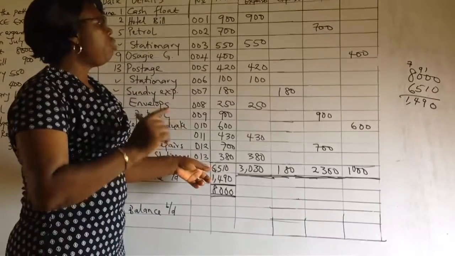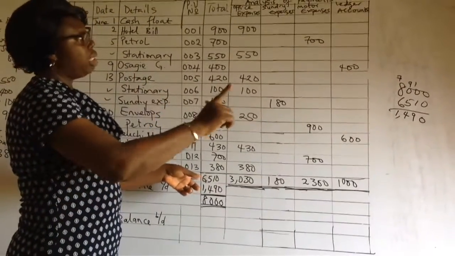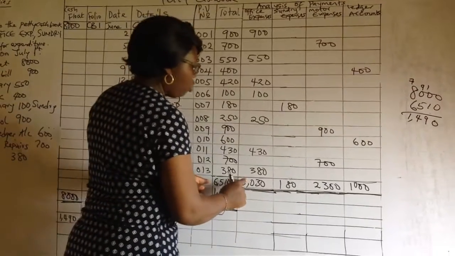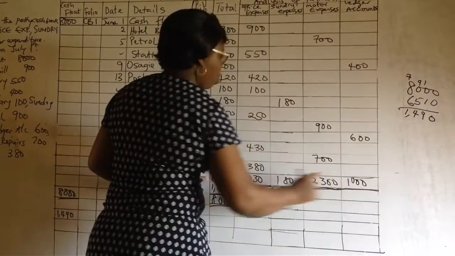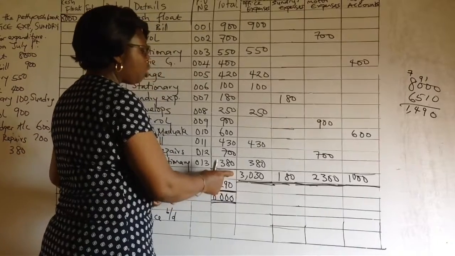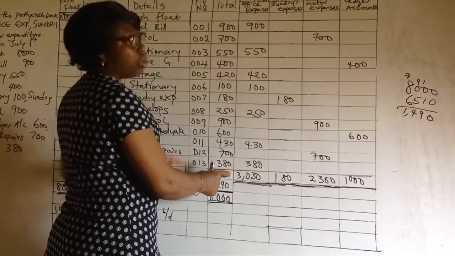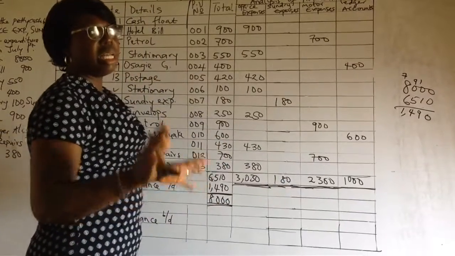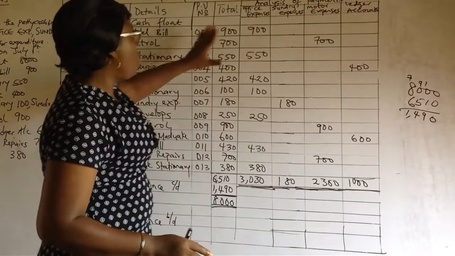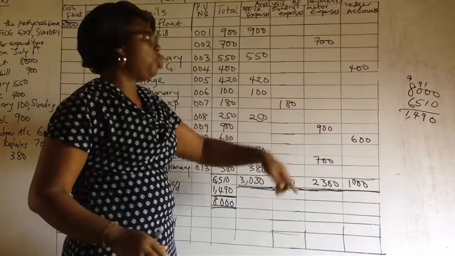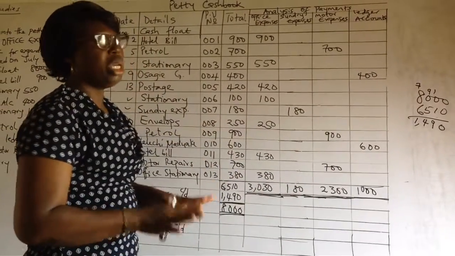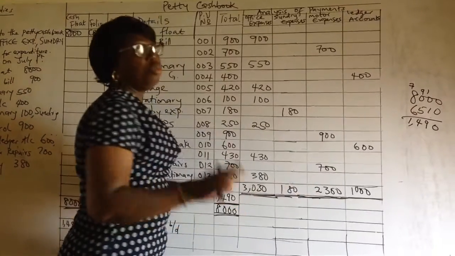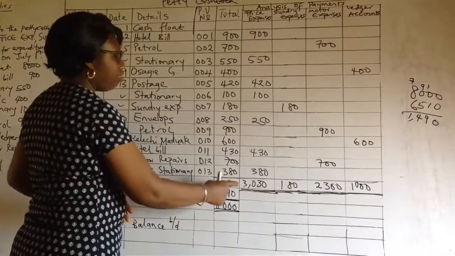To cross-check if your analysis column and your total column are equal, you have to add all your analysis columns together and check if you get the same total you have in your total column. If there is discrepancy, it's not balanced, it means there is an error. You start checking your work all over again the way you saw me doing. You check everything again to see where the error is. And once you've discovered it, your account will be balanced. That is the first step.